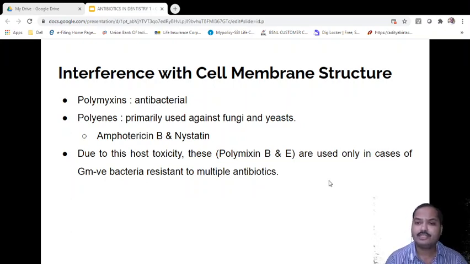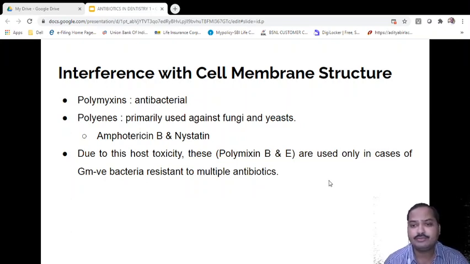They are very toxic and have numerous side effects because these polyenes, if they are binding to the sterols of the plasma membrane, even the human or mammalian cells have a cholesterol component in the cell membrane. So they will bind to the cholesterol also and will cause permeability or leakage of essential metabolic products from the host cell also.